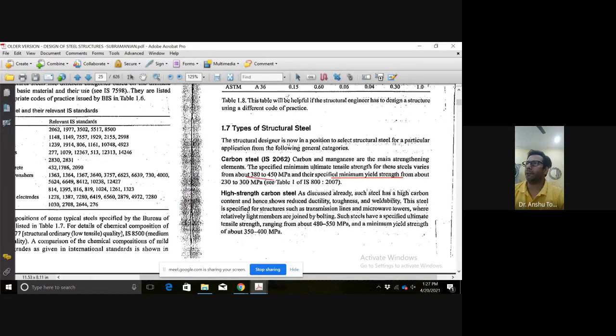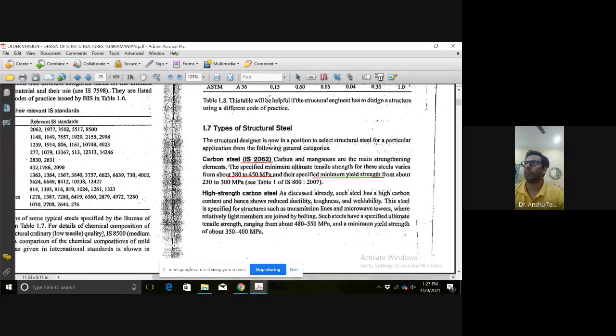If it is varying from 38 to 450 MPa, it is categorized as carbon steel, and the Indian standard code relevant is IS 2062. High strength carbon steel, if it is 480 to 550 MPa.